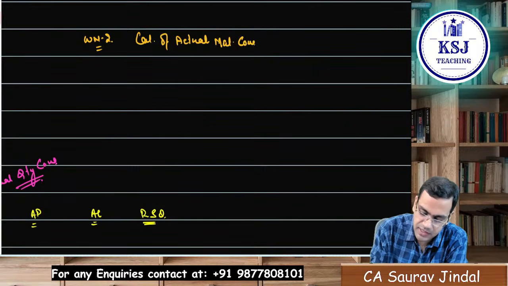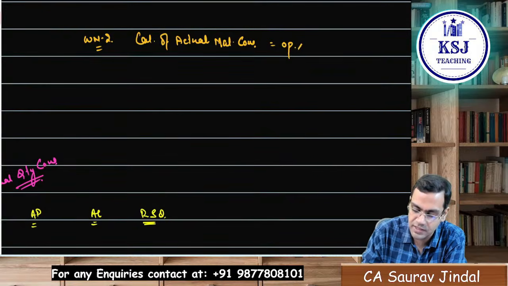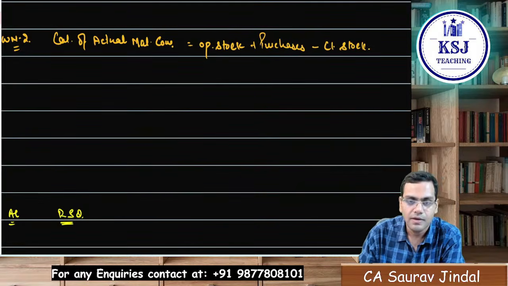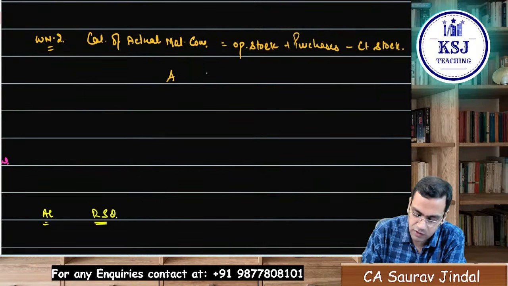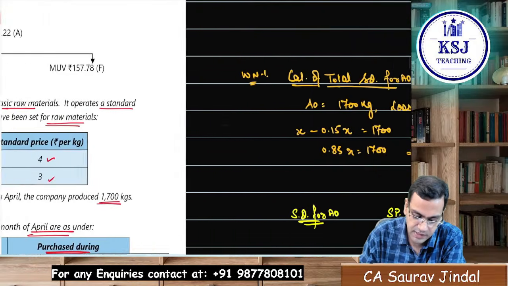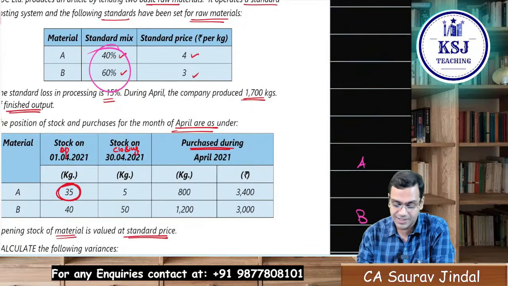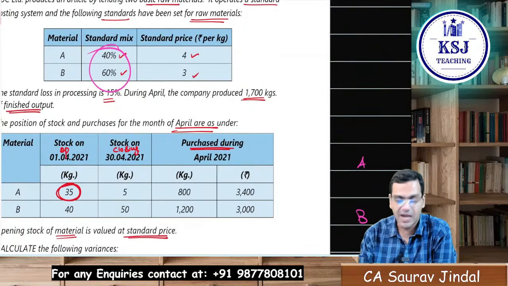So what will be the consumption? That will be opening stock plus purchases minus the closing stock, right? So for raw material A, what is the data that is given? Opening stock is 35, purchased is 800, minus 5, right?